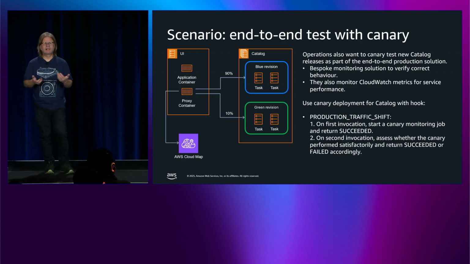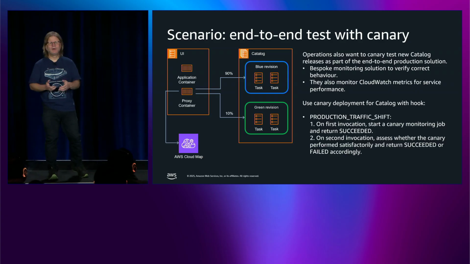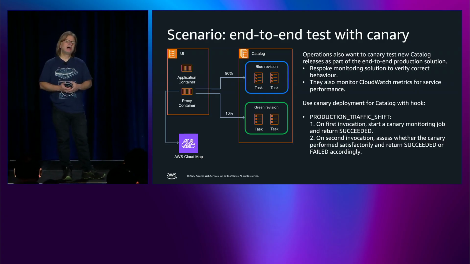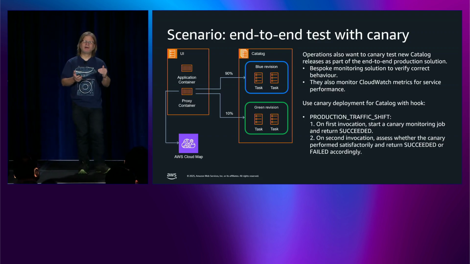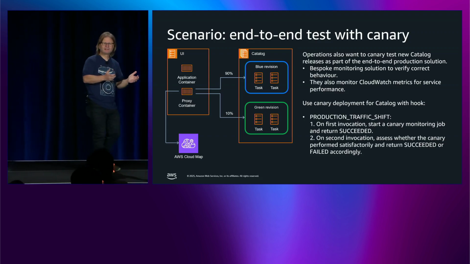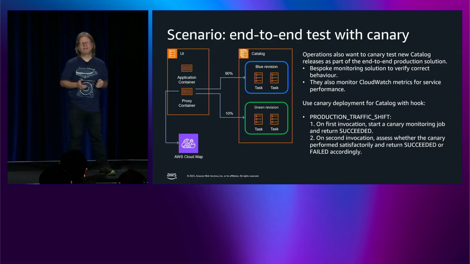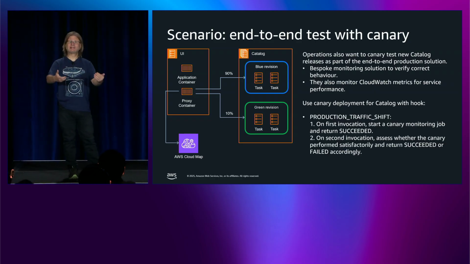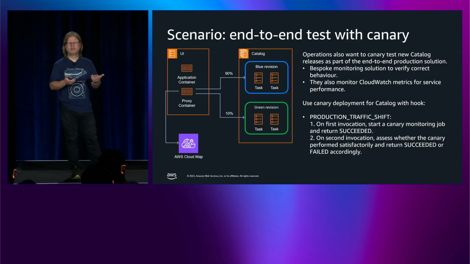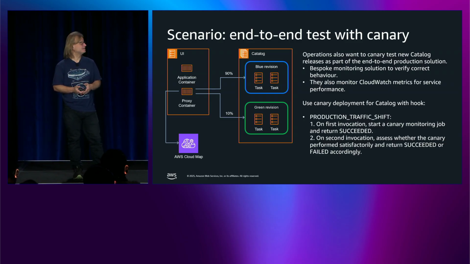And once again, if the canary has performed successfully, we return success and allow this production traffic shift to complete to 100%. But if not, we can force a rollback by failing the hook. So this shows you that you can combine testing of the green environment, as we saw in the previous slide, with also testing with some of your traffic in actual production through the canary production traffic shift mechanism.